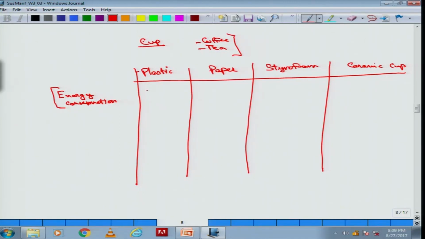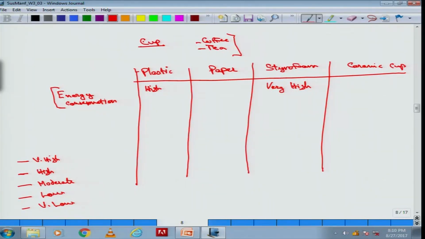So, I would say energy conservation is high, and styrofoam is also comparable. It is also here, actually energy conservation is very little energy, I will put it very high. So, I am using a qualitative scale here, like 5 stages: very high, high, moderate, low and very low.